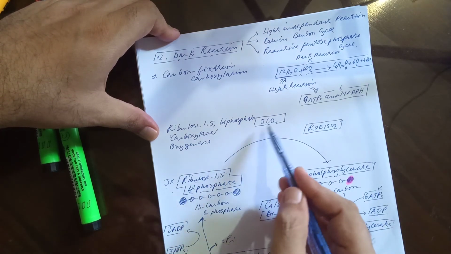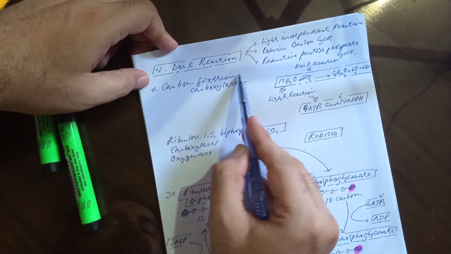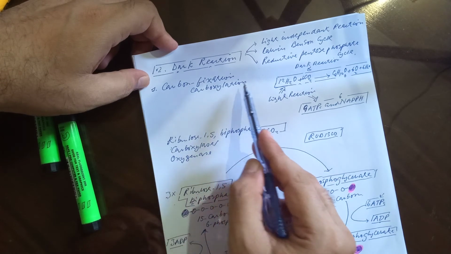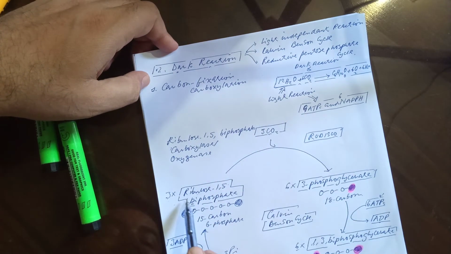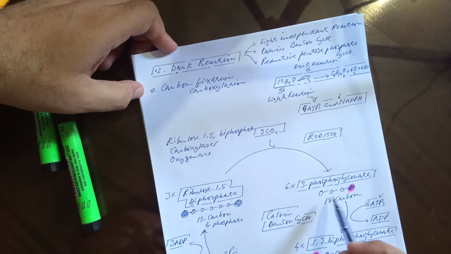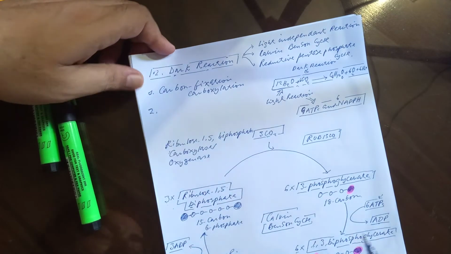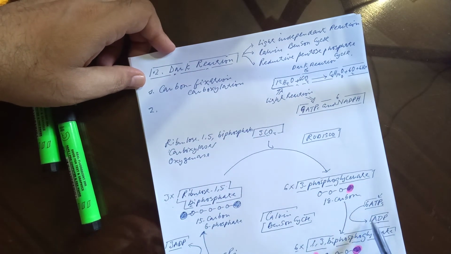Since they picked up these carbon dioxide, you can call it carbon fixation. Or you can call it carboxylation because it's a carboxylation of ribulose 1,5 biphosphate to 3-phosphoglycerate.